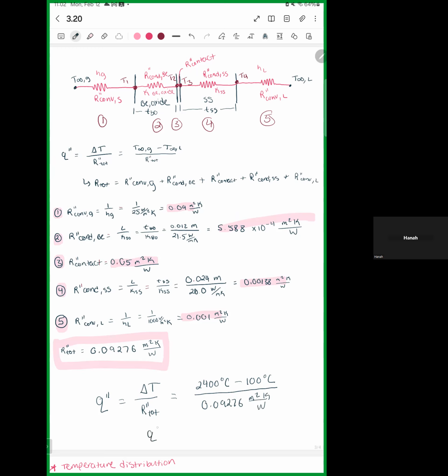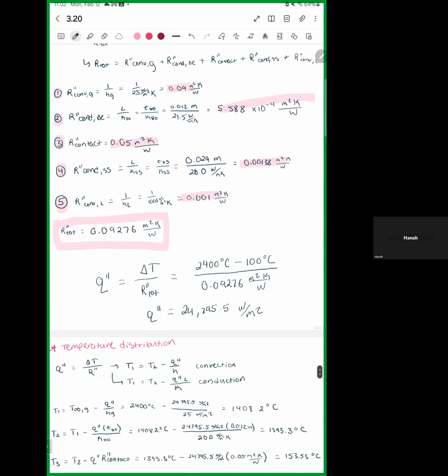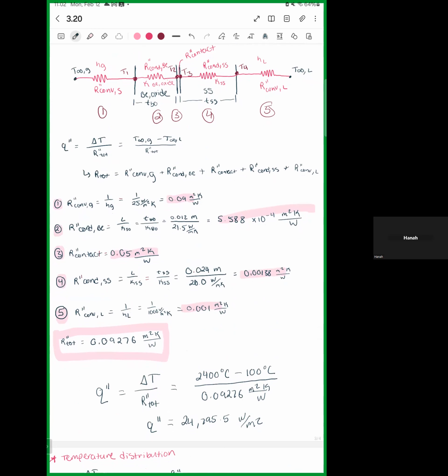So with this, we found Q double prime is equal to 24,795.5 watts per meter squared. So now that we have Q double prime, we want to find the temperature profile, which is the second thing we were looking for in this problem.